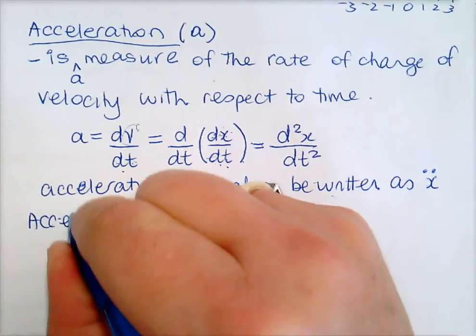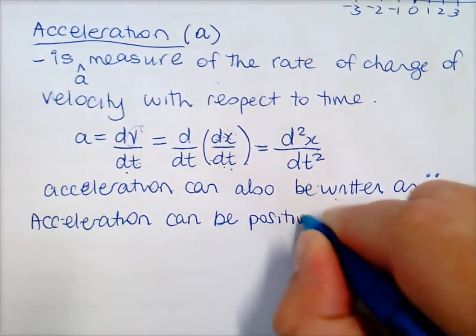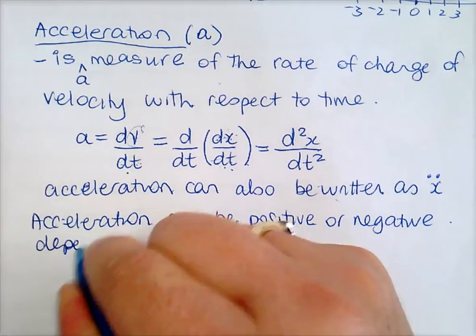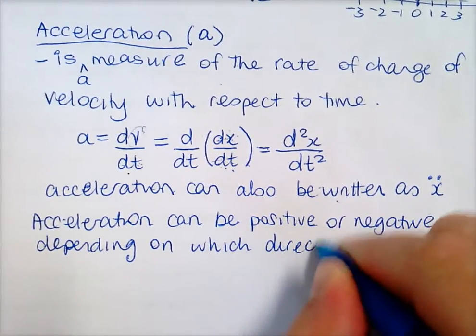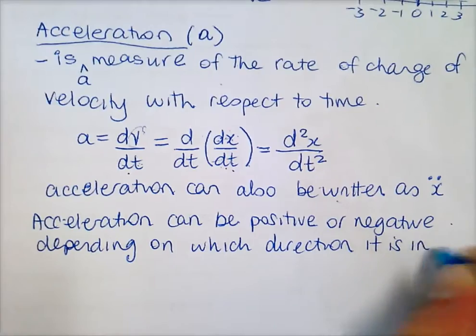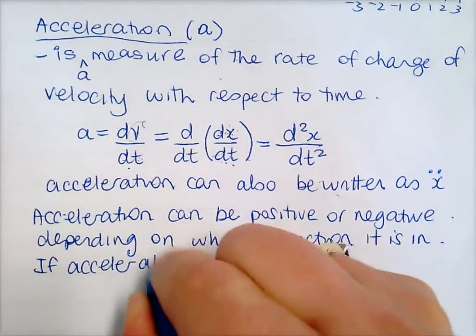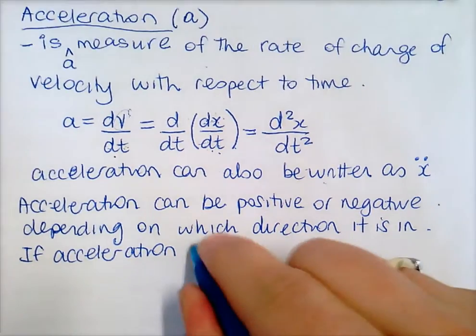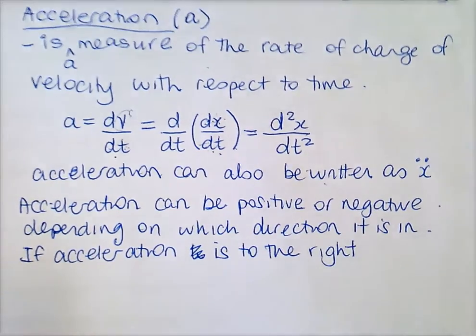Now, again, acceleration can be positive or negative, depending on which direction it is acting in. Now we need to talk about how objects speed up and slow down. If acceleration is to the right, it doesn't mean the particle's speeding up. It just means that acceleration is positive.